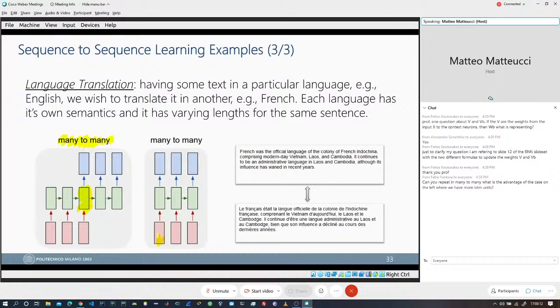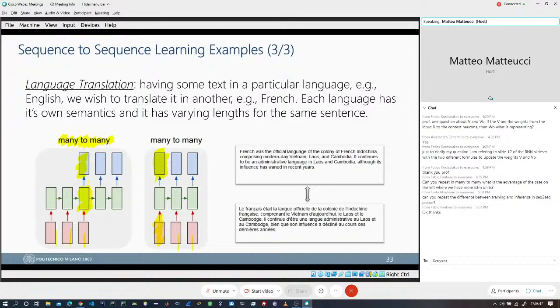In this case, when you have one item depending immediately on the other, you have basically the many-to-many, but without this first embedding and then second embedding, and so you produce already the first output without having seen the future. In the other case, you wait until the end of the sentence to predict the first character.